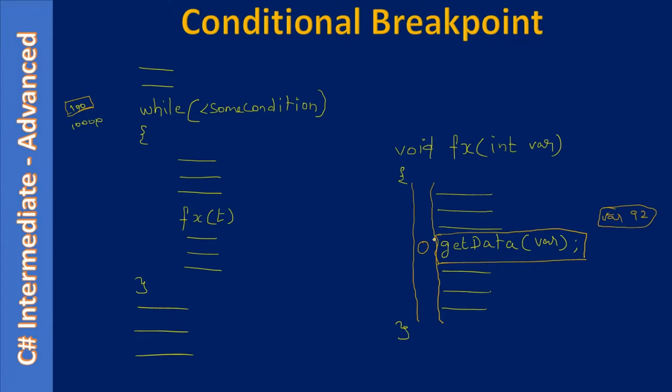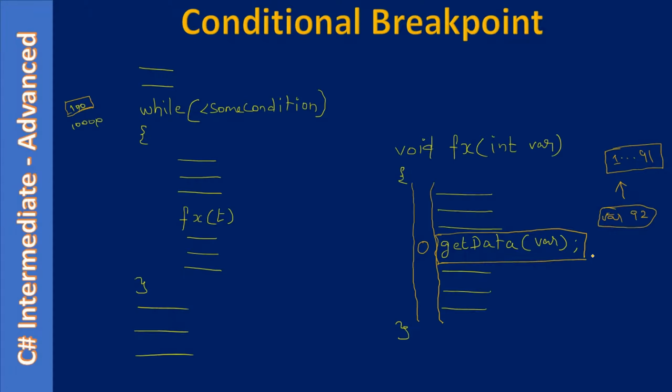So if you put a breakpoint like this, the breakpoint will hit 92 times, and all the previous hits, 1 to 91, we don't want to explore. We want to explore only when the breakpoint hit at 92 times. I mean 92nd time only we want to explore this get data function. Or when the variable is holding the value 92, that time we want to explore the get data function.